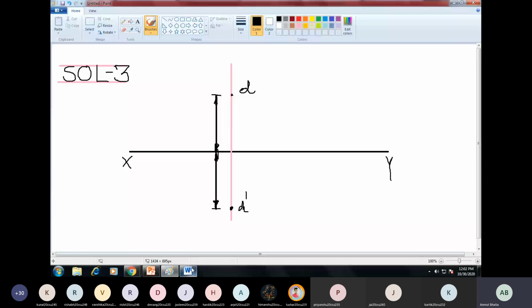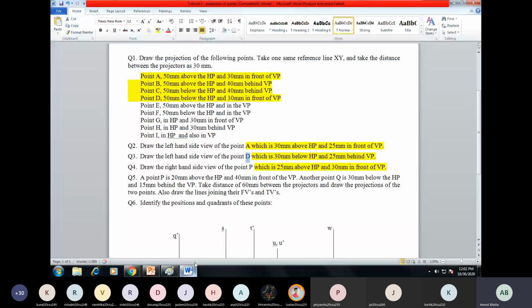Now, you need to tell me that where should I mention 30 and where should I mention 25? Who will tell me? Where shall I mention 30 and where shall I mention 25? Sir, 30 below XY line and 25 above XY line. Very good. So I told you that the front view is connected with the HP part and the top view is connected with the VP part.